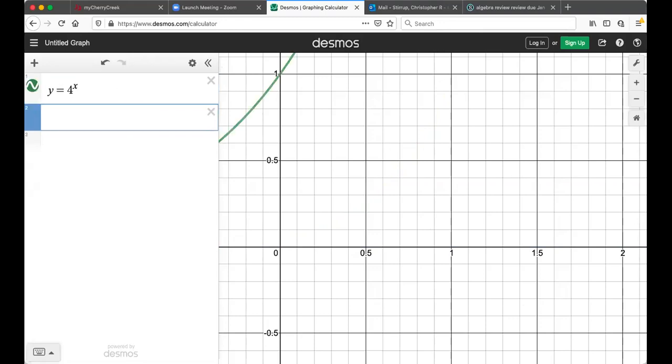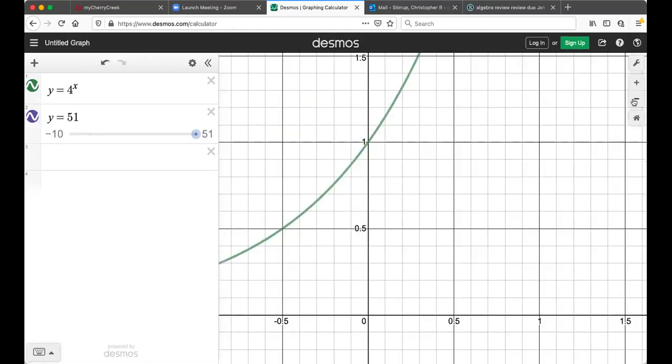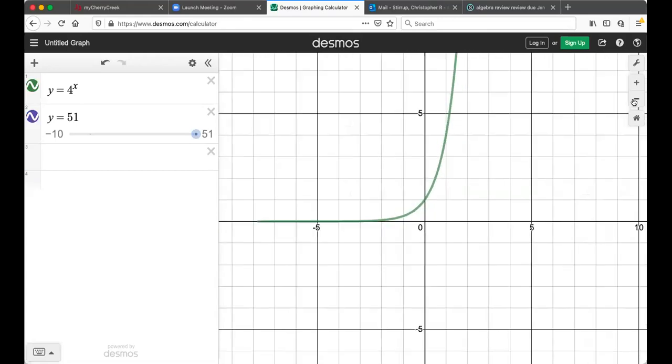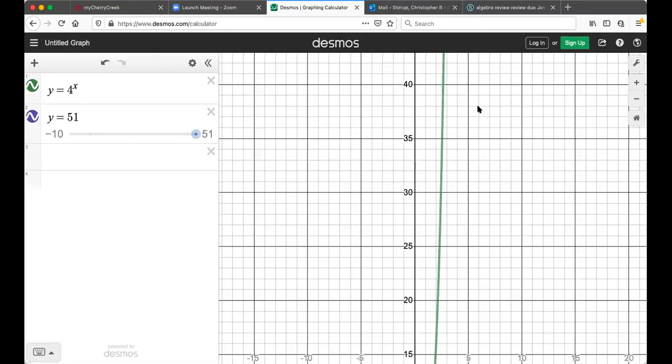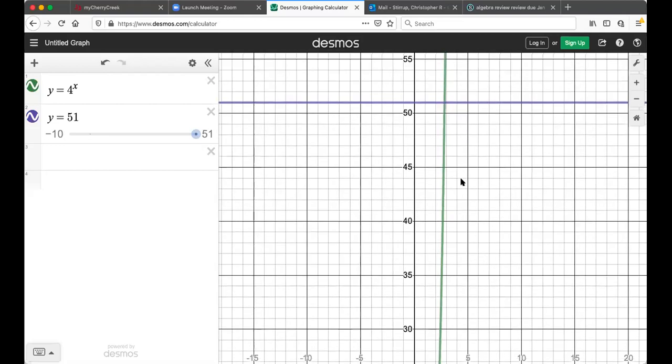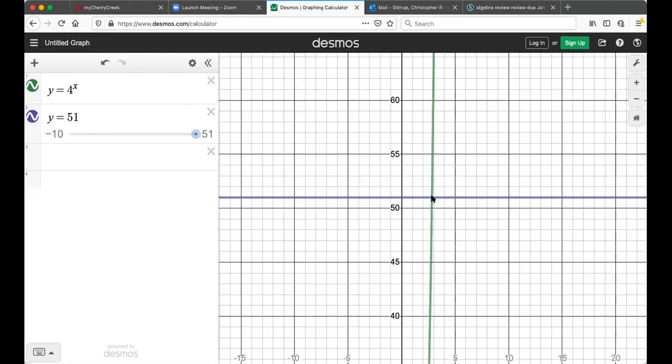And then my other equation is y equals 51, a horizontal line way up at 51. You could zoom out on Desmos a few times and then just start rolling your screen. Now you notice you have the 2 intersections.